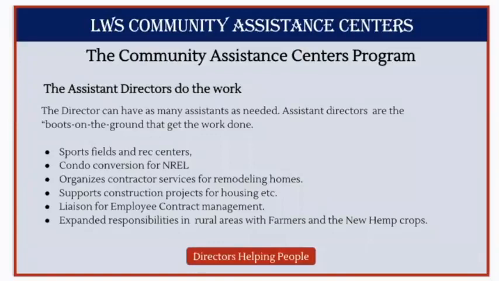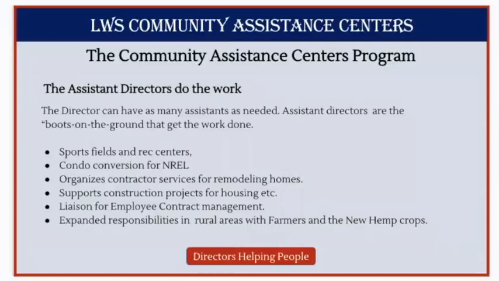If there's a community assistance center set up in a rural area, then you could have specialized assistant directors, or the director himself could be specialized in helping farmers. And we're interested in doing new hemp crops and so forth.